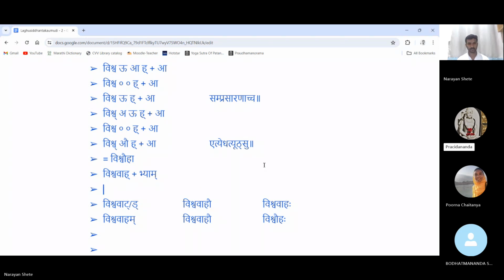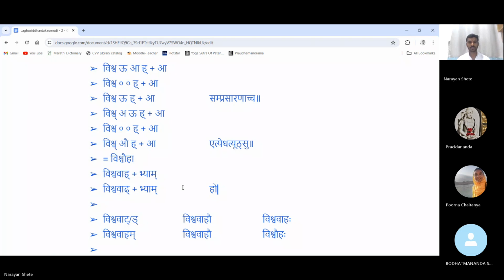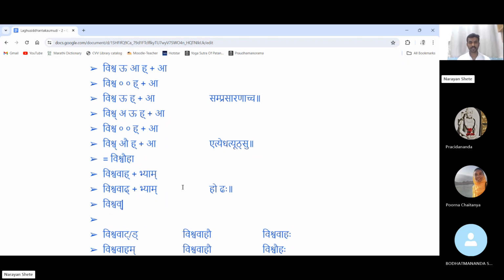Hakara will get dakara by the hodah sutra. Correct. So, Vishwavad. Then dakara will change into dakara by jhalam jashonte.